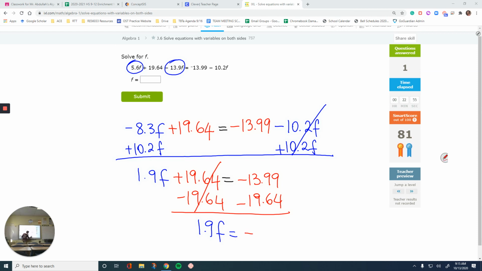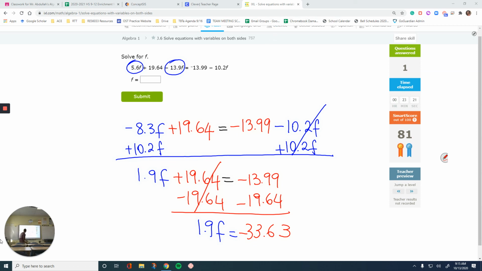Negative. Okay. And that's that, I guess. Let me redo this. Okay, that looks right. Now, I don't want to divide those two numbers.